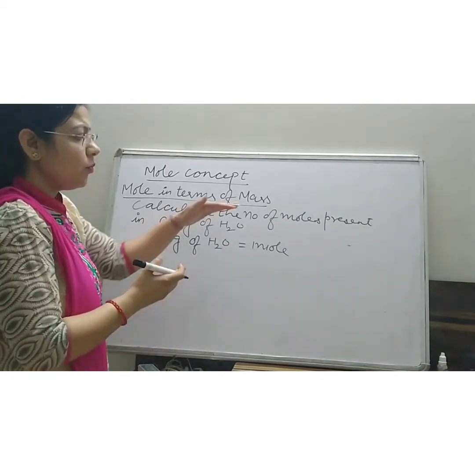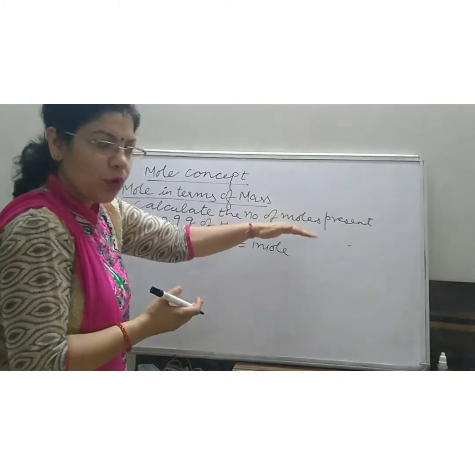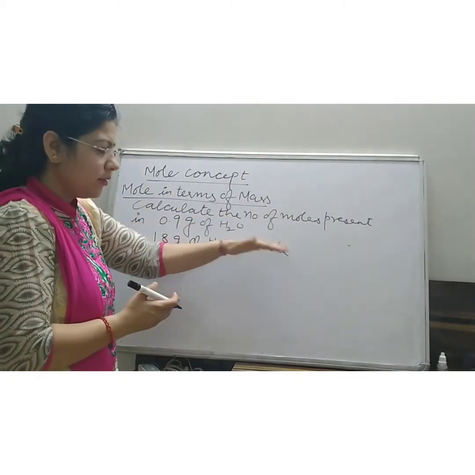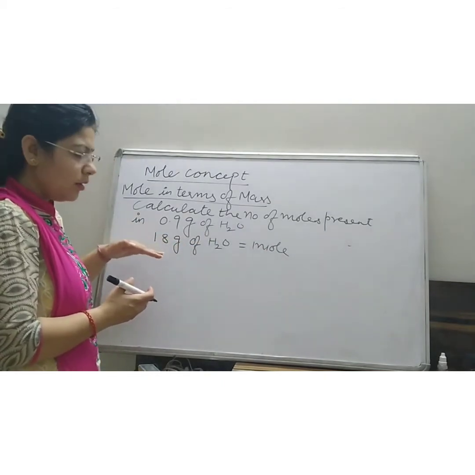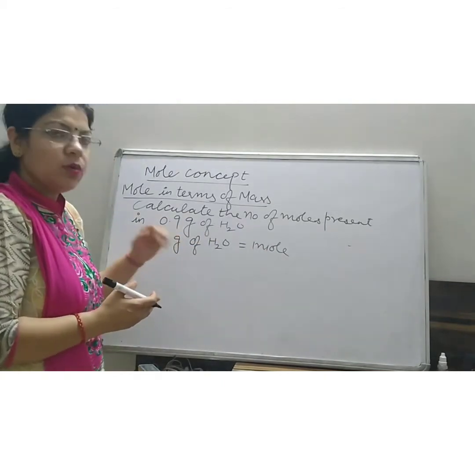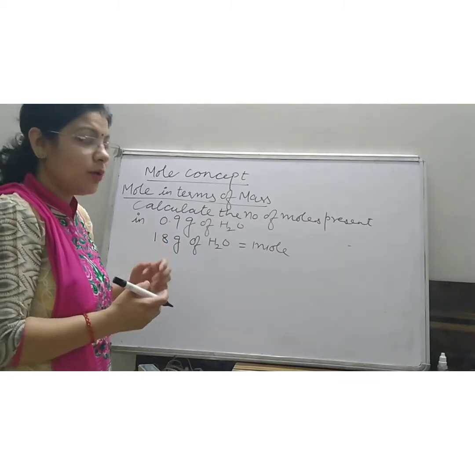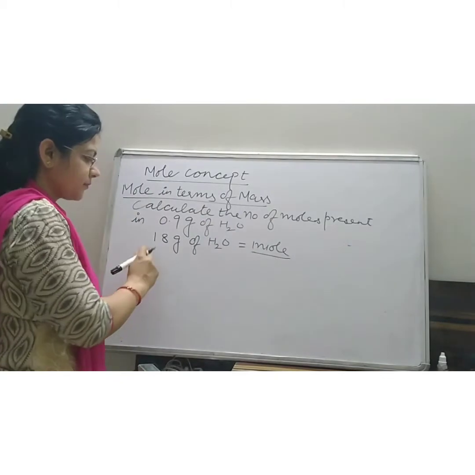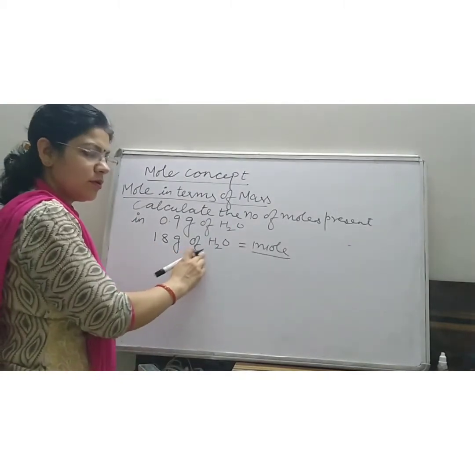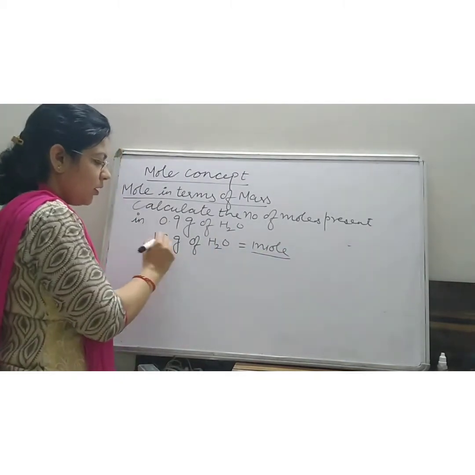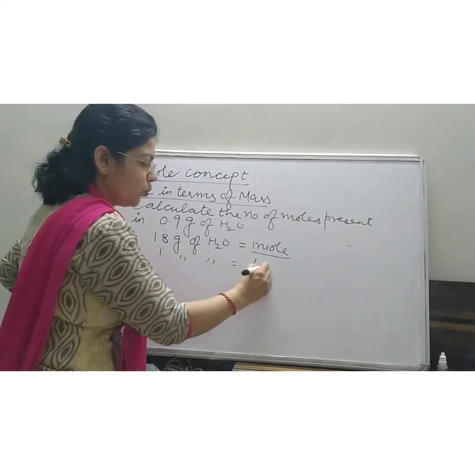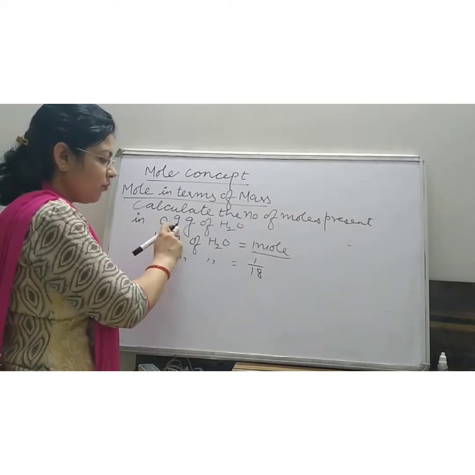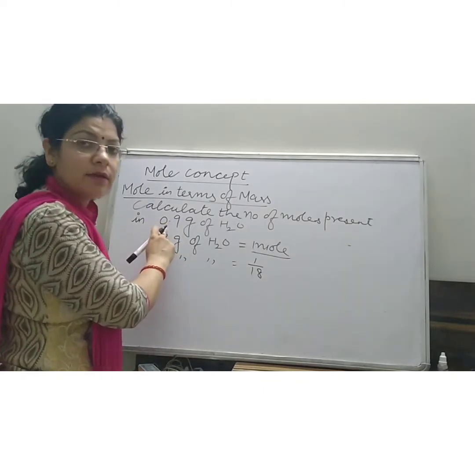As in this question we want to calculate the number of moles, we put the number of moles on the right side and mass on the left side. The physical quantity that we have to calculate is put on the right side. 18 grams of water is equal to 1 mole. 1 gram of water is equal to 1 by 18. And we have to calculate the number of moles in 0.9 grams.